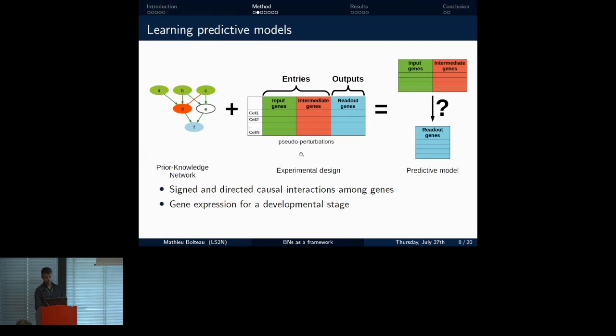In this experimental design, we have some pseudo-perturbations for different cells. I divided our pseudo-perturbation in two parts, the entries and the outputs. The idea is to combine the PKN and the experimental design to understand how we can go from the entries to the outputs using a predictive model.